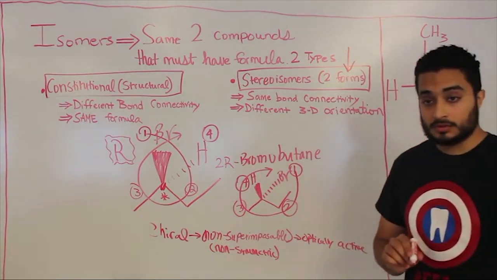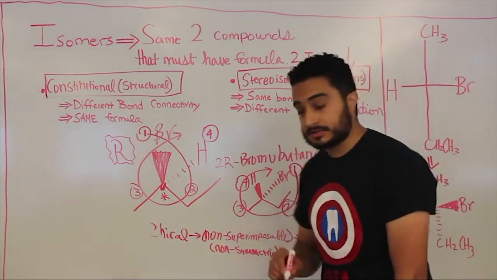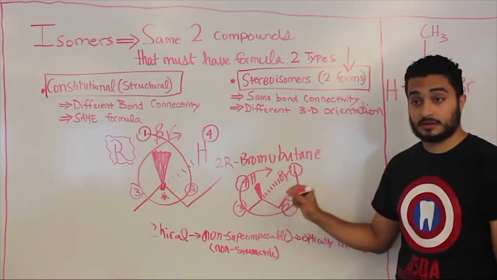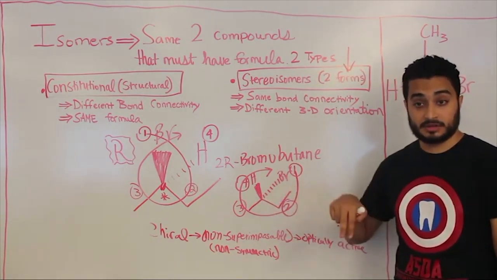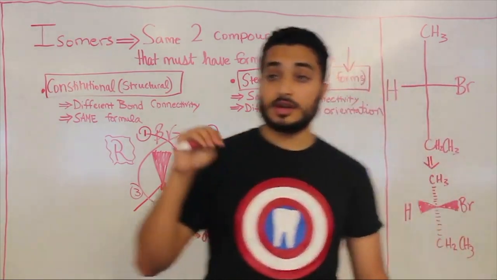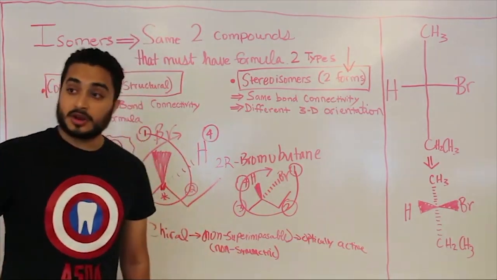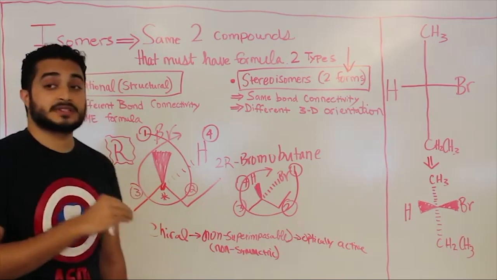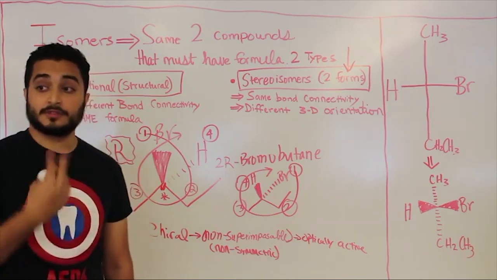But the important rule with priority is if your fourth priority, which is this hydrogen, is ever on a wedge, you have to flip it. Because the ideal situation for R in this configuration is for your lowest priority, which is the fourth priority, this hydrogen, to be on a dash. If it's not on a dash, you want to flip it.